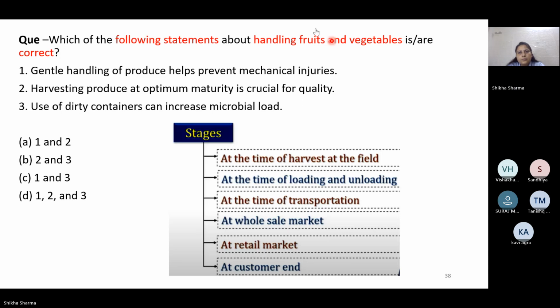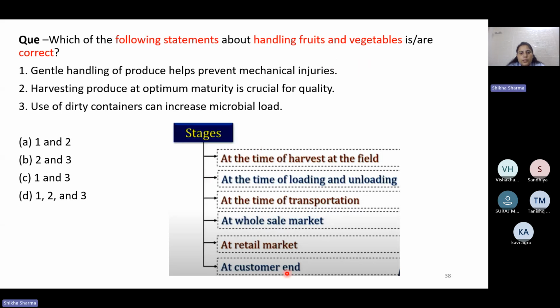Anyone? Option D, all. D means all. Okay, everyone is saying option D.